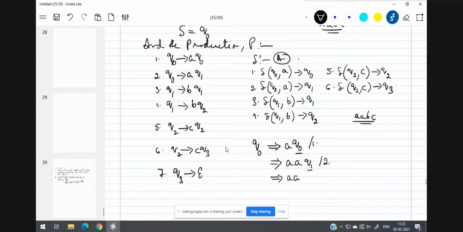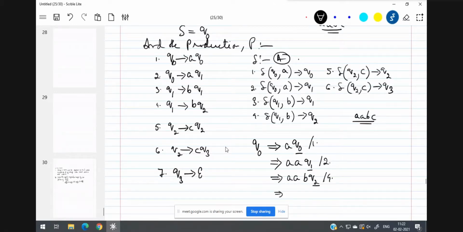And then AAQ1. Q1 has two productions, either BQ1 or BQ2. But after this B, we immediately need to get C, so instead of selecting number 3, I'll be selecting 4. So BQ2, this is 4.